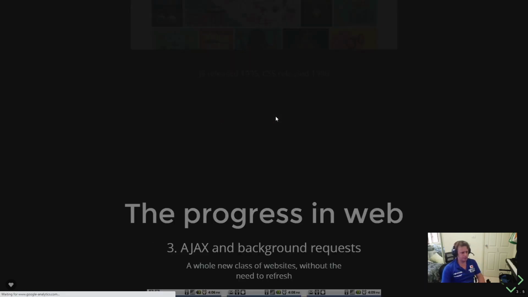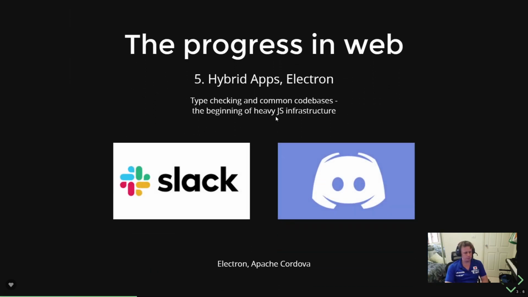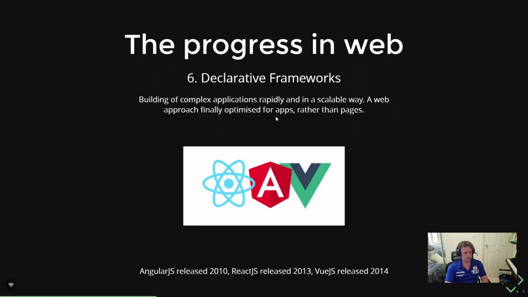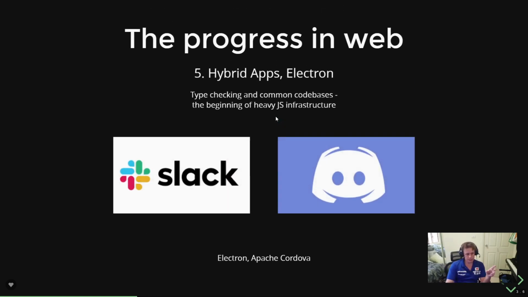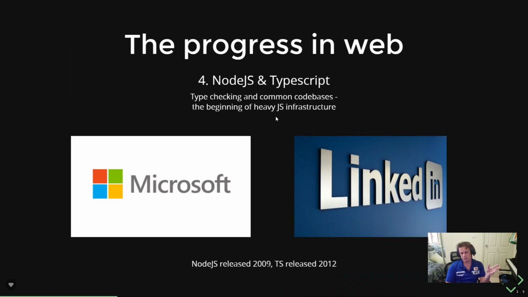The last date I gave was 2014. Has much happened since? Yeah, a lot of the stuff has been advanced. Something to remember as well is these dates are when they're released, right? Node.js was released in 2009, but I really would struggle to find many people that have been using Node.js for more than the last 5 or 6 years.